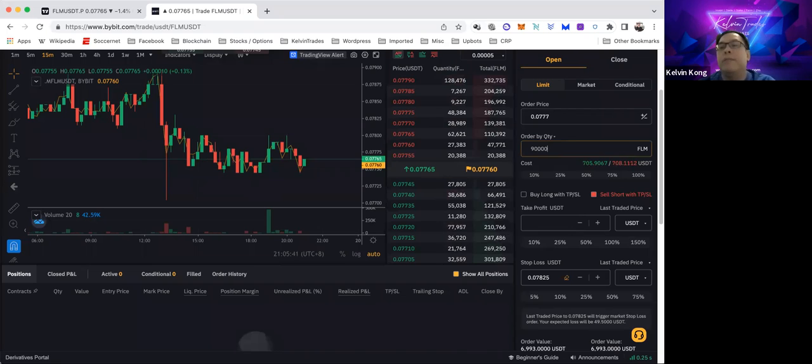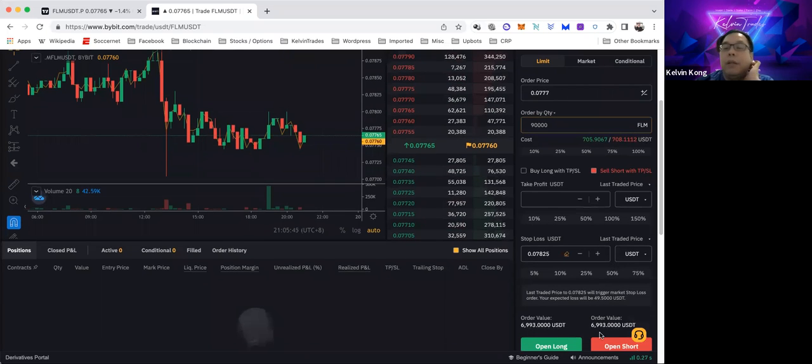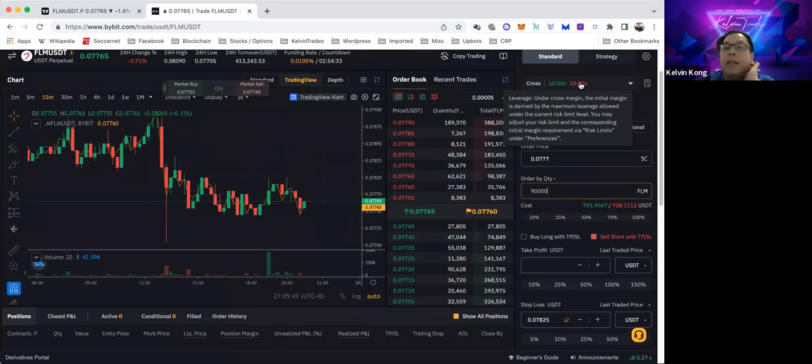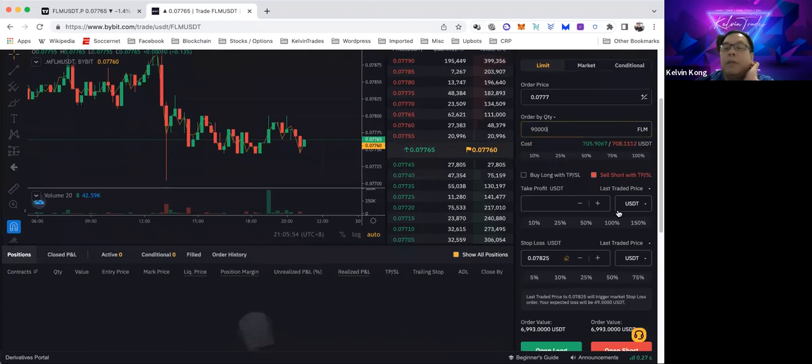Okay, it's around 90,000, $700. Your position size will be 6993. Because 10x leverage, so 10 times 700 is about 7,000. But this price here includes your fees.